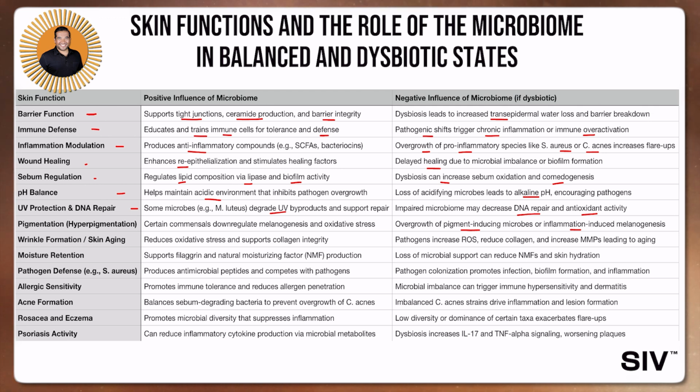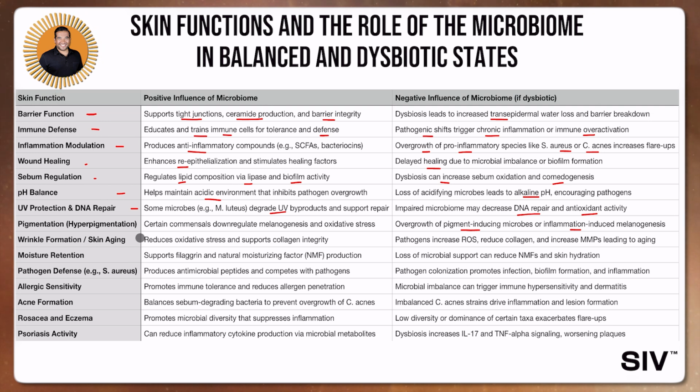It's driving dryness and wrinkle formation and so on, right? So we've got this spectrum of relationship with our microbiome, whether it's on the skin, on the gut, it doesn't matter. It seems to be the same across the body, where on one end of the spectrum, it's your best friend and it's helping you with everything. And on the other end of the spectrum, it's your worst enemy because it's driving every dysfunction in that system, right? So that is really important to keep in mind.